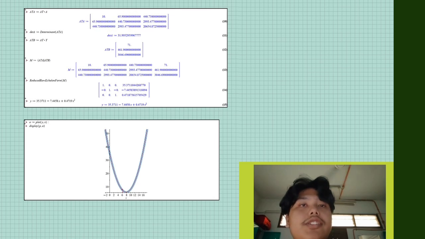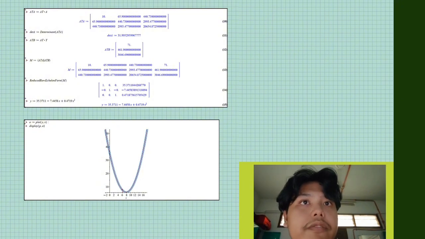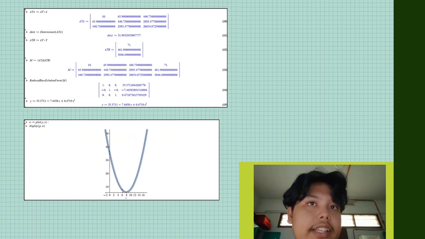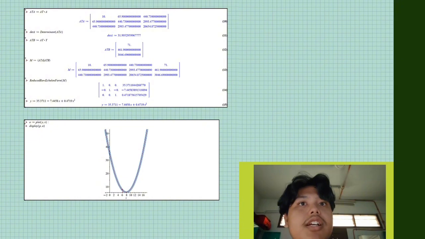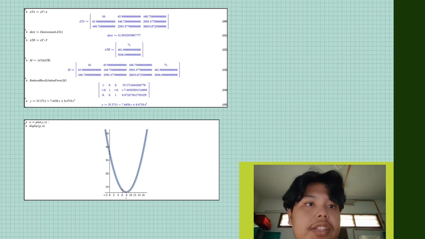So as you can see from the calculation, we got A transpose B equals to 17,461.9 and 3,046.69. So after we got that, we want to calculate the M, which is ATA and ATB.